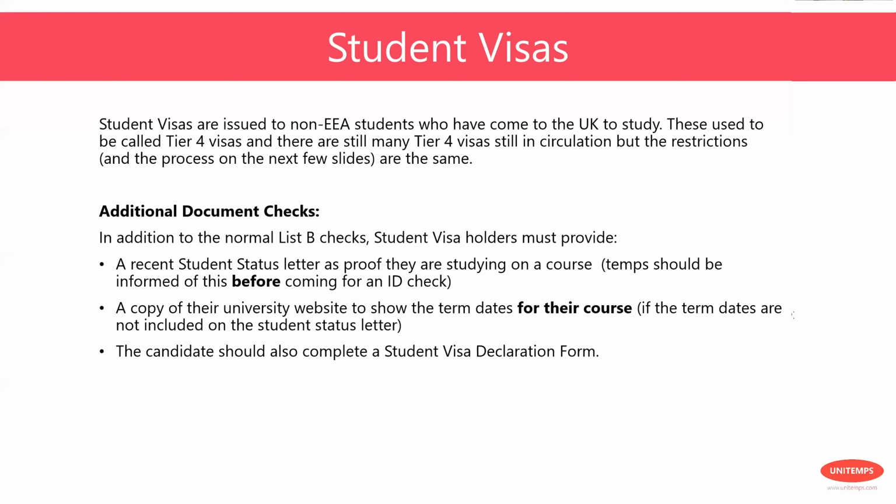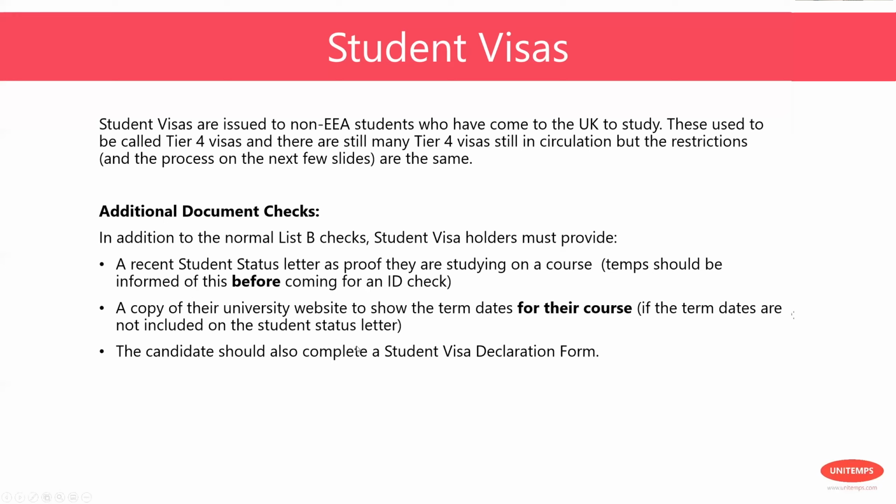And we also ask candidates to complete a student visa declaration form. This is a form that will be customized to your branch that details the restrictions for the different levels of course, reminding them of their responsibilities and making them sign it to confirm that they have read and understood it. The first two are legal requirements.